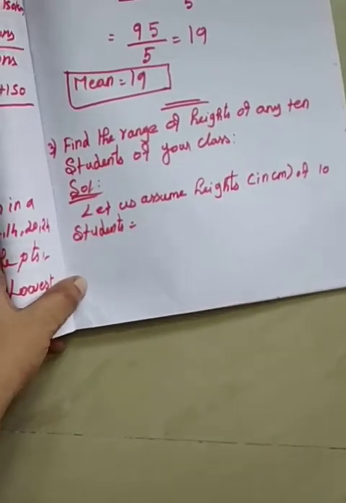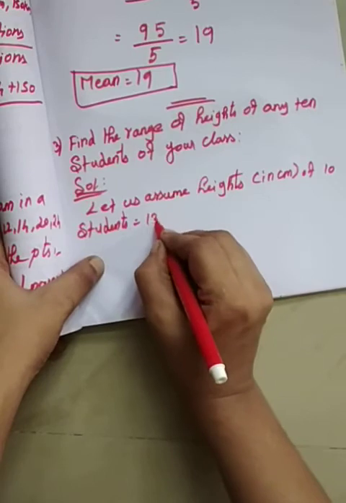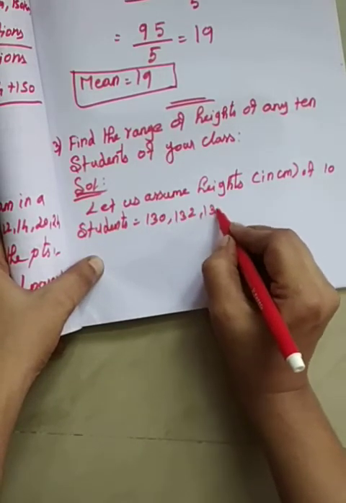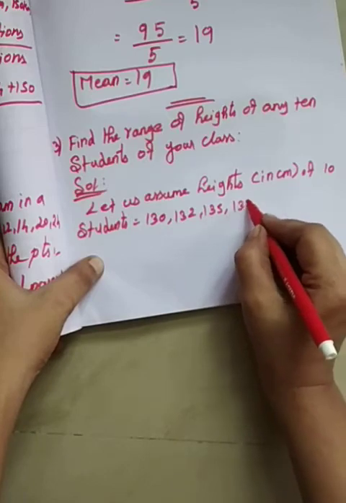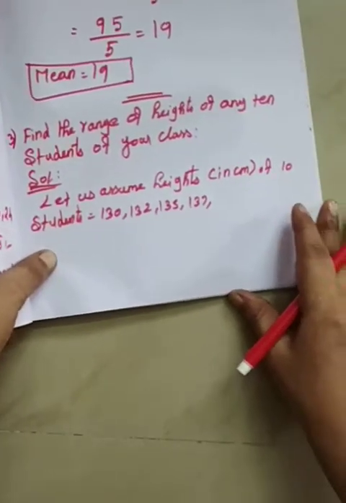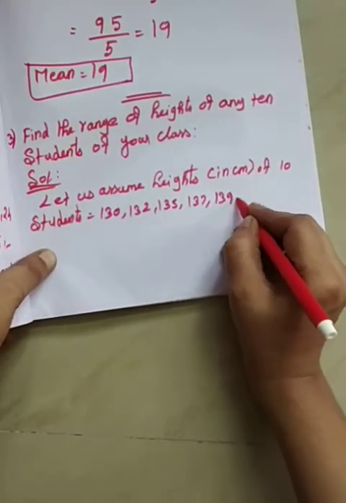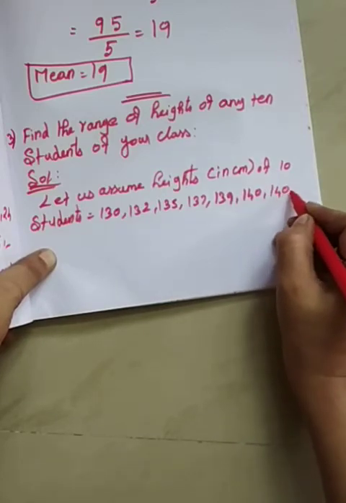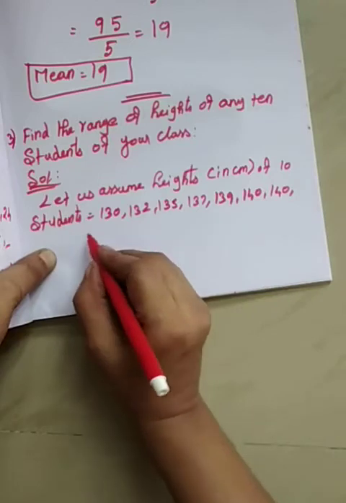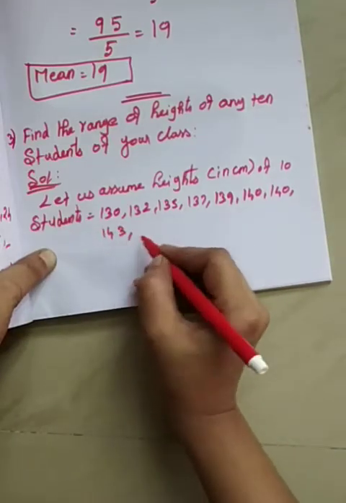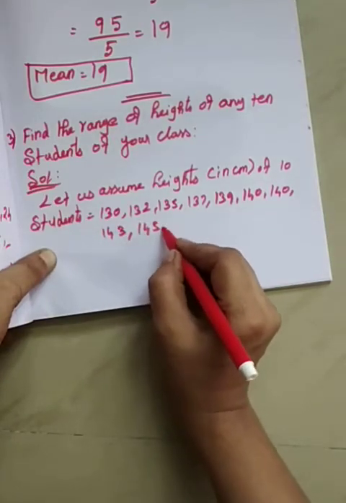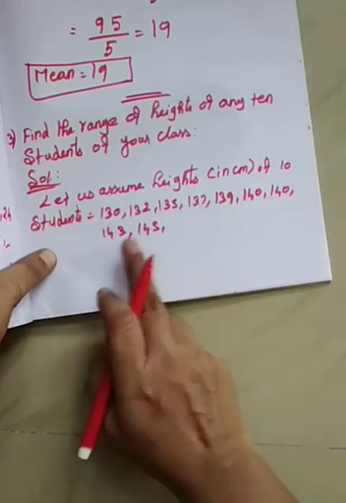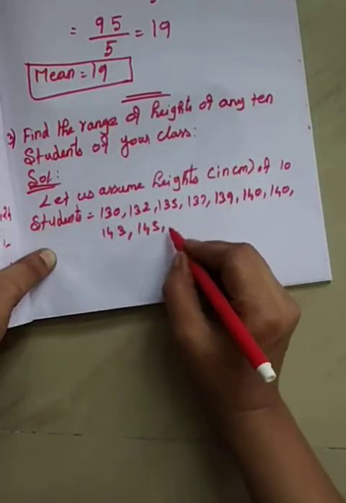This is your assumption. Here let us take any values: 130, 132, 135, 137, 139, 140, again you can take 140, 143, 145. See 1, 2, 3, 4, 5, 6, 7, 8, 9. One more student's height you need.